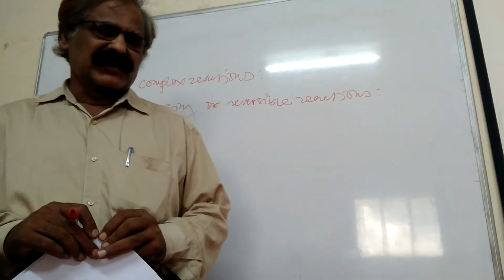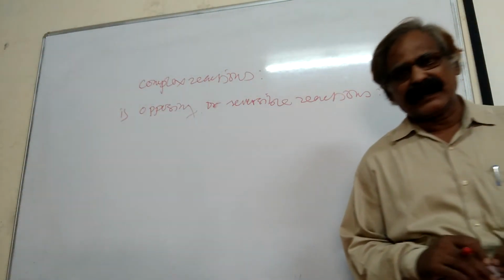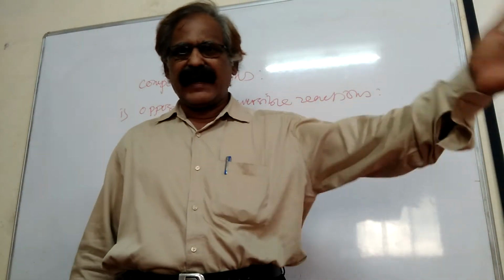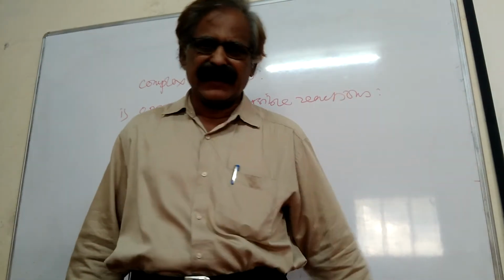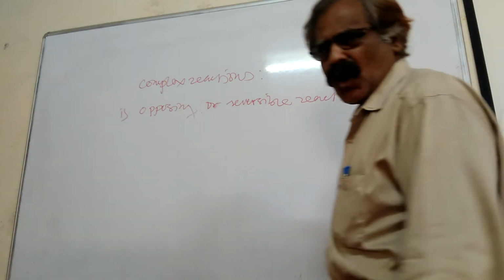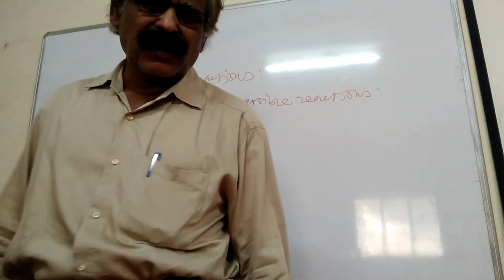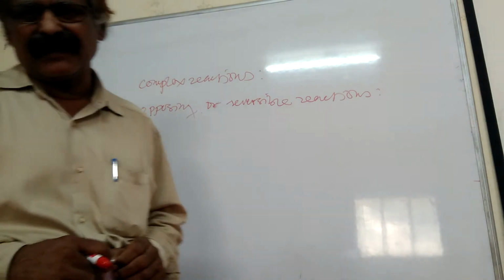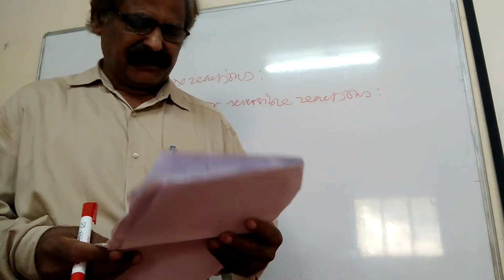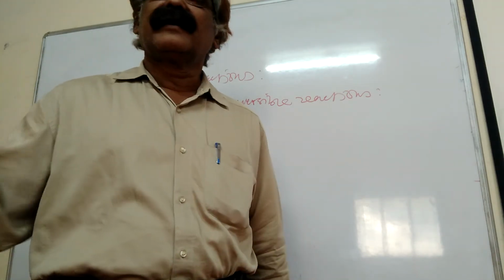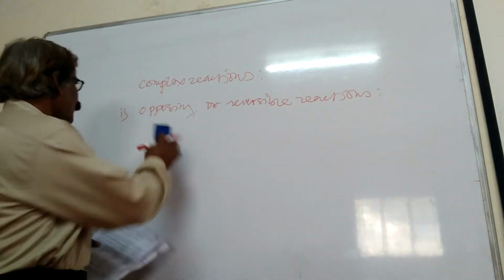The name itself indicates that they go in both directions, forward as well as backward. So in short, a chemical reaction which occurs in forward direction as well as backward direction is known as a reversible reaction. So let us see few examples of reversible reaction.